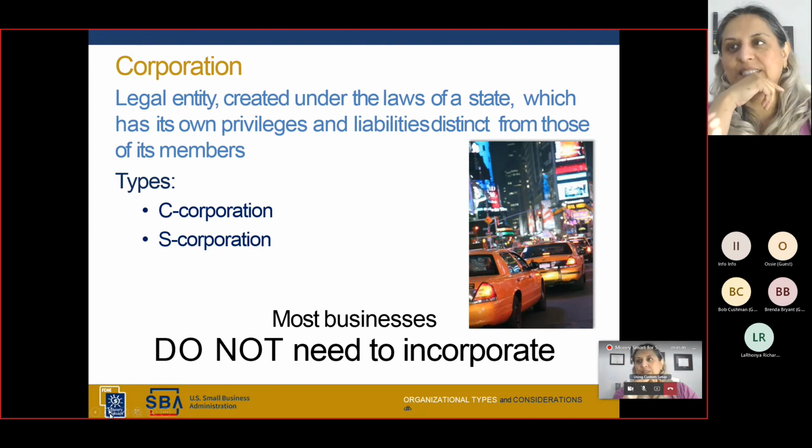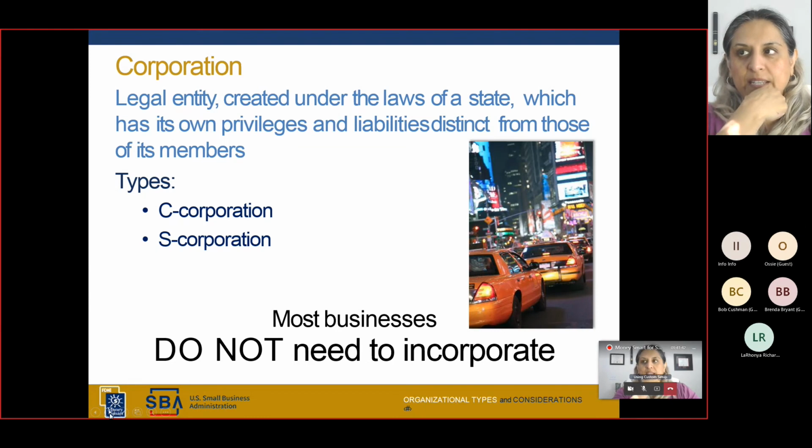Corporation owners themselves have limited liability. So if you're the owner of the corporation, you have limited liability yourself, but the actual corporation is its own entire entity by itself. It even has voting rights.